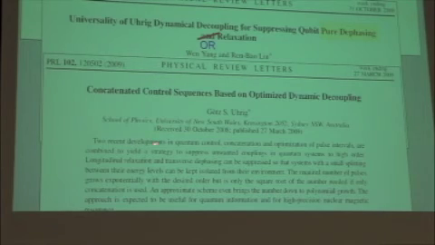And in fact, Ulrich used the concatenation idea and combined, using a concatenated structure, which I don't want to get into exactly, a sequence that eliminates pure dephasing and a sequence that eliminates relaxation, or T1, T2, in the term Muhammad used. And he showed that this sequence is better than the concatenated sequence that I talked about earlier. It's quadratically better.